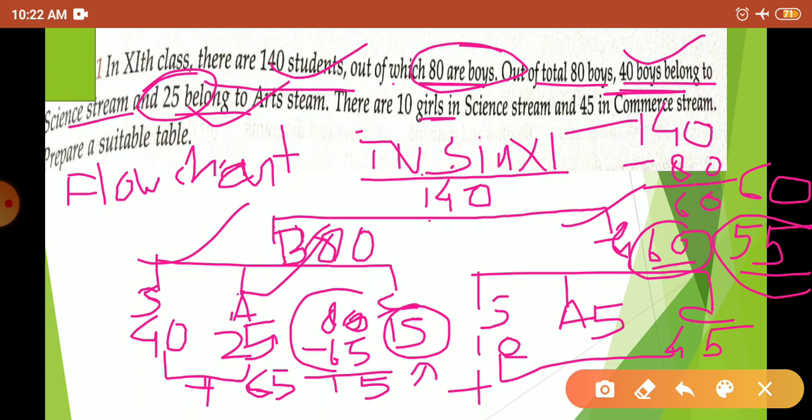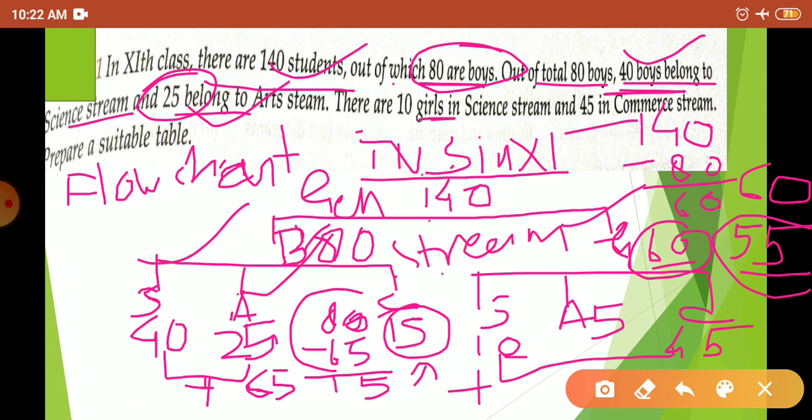And now it is time to prepare the table. So what will be the heading? Total number of students in class. Okay, division. What is the basis of division? So there are two divisions, gender, and the second basis is stream.